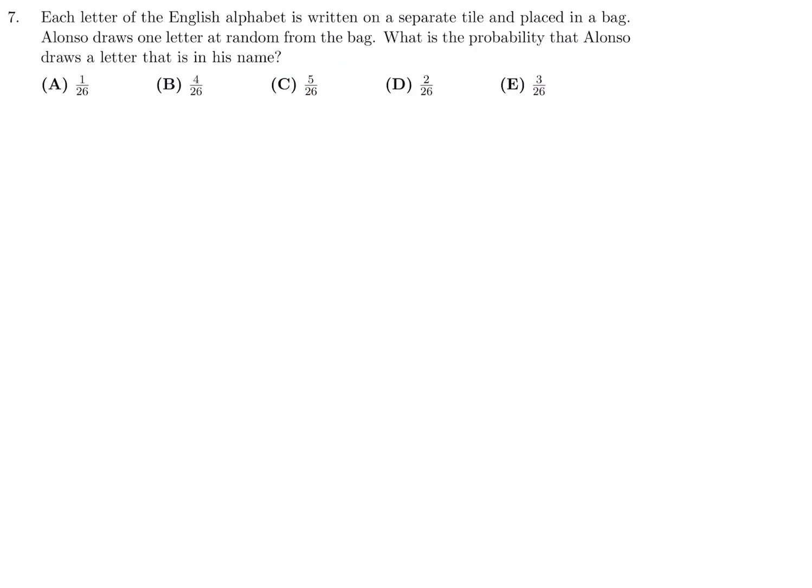Each letter of the alphabet is written on a separate tile and placed in a bag. Alonzo draws one letter at random from the bag. What is the probability that Alonzo draws a letter that is in his name? Alonzo's name has obviously 6 letters, but there's 2 O's, so those don't need to be counted twice. He really just has 5 letters that are unique.